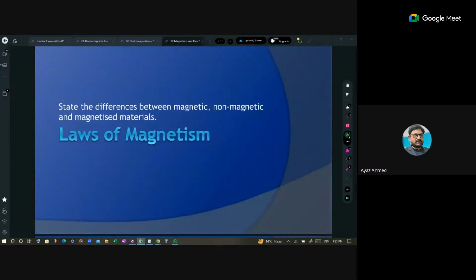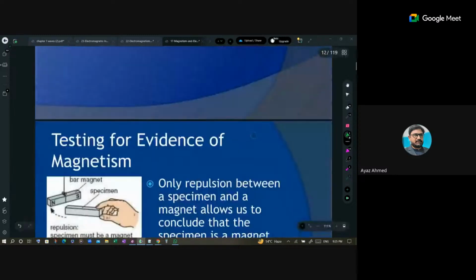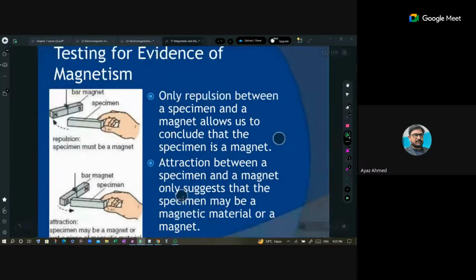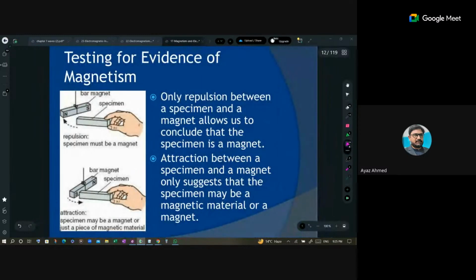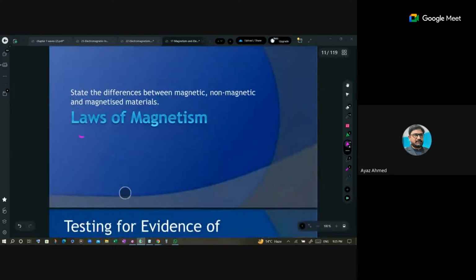Then we have the next slide, that is, state the difference between magnetic and non-magnetic materials. Here we are going to test the materials. There are several materials. I stated that there are three types of materials, right? One, magnetic materials, I mean permanent magnets.